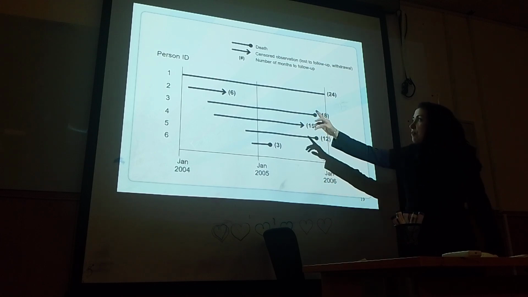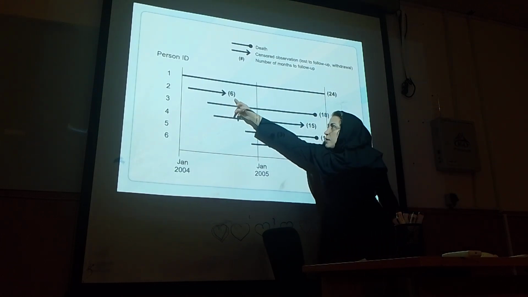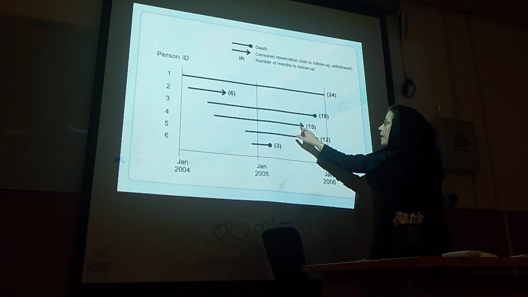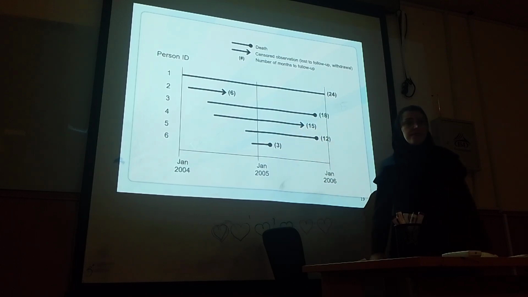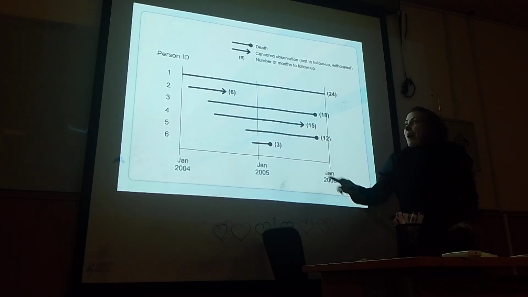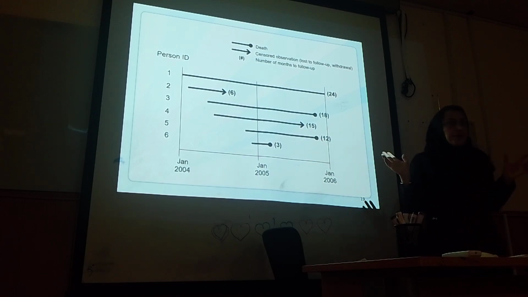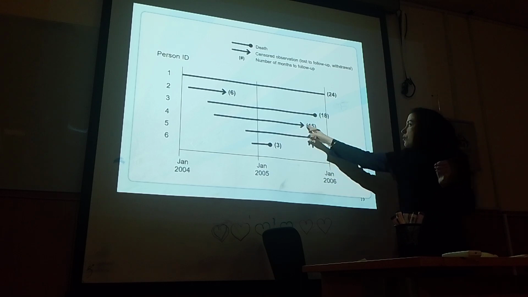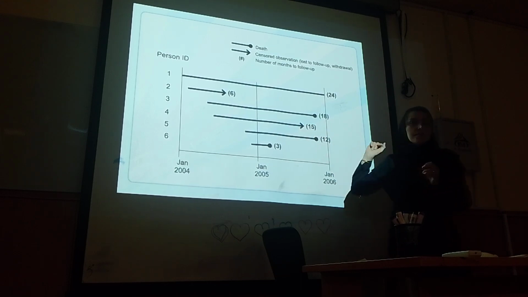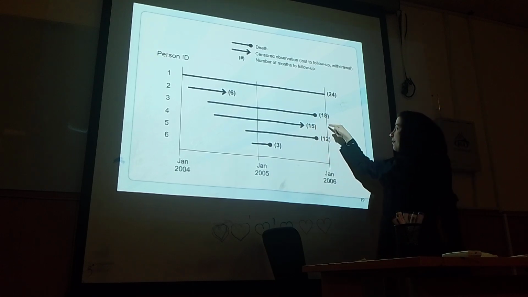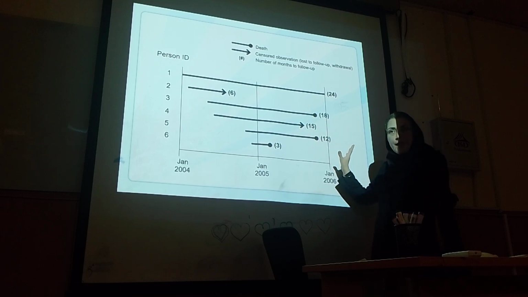We follow person number 2 for 6 months and number 4 for 15 months. But after 15 months, he disappeared. We don't know his final fate, if he survived or if he died.